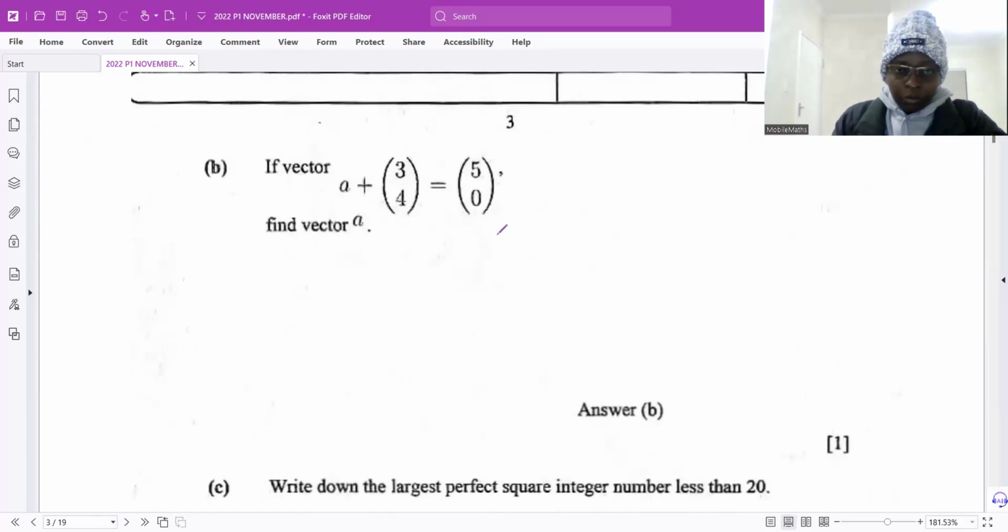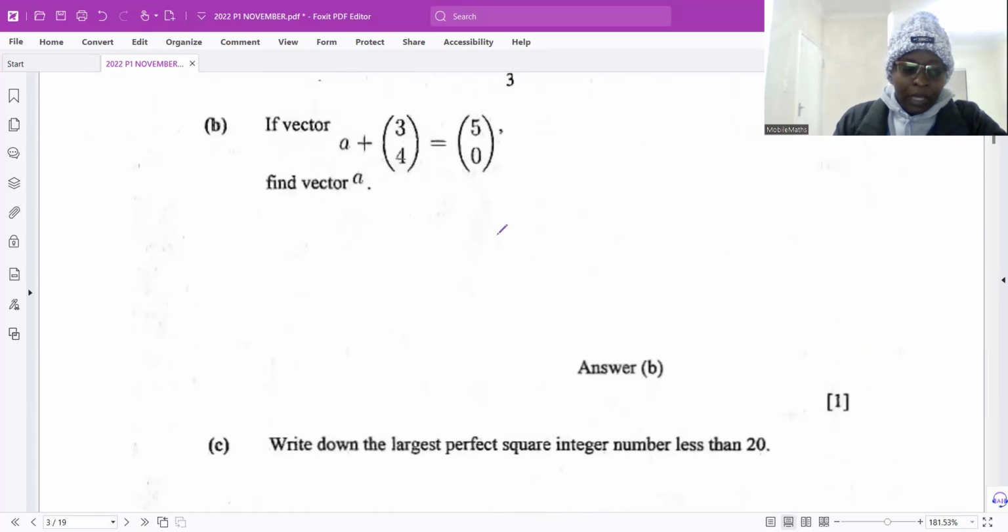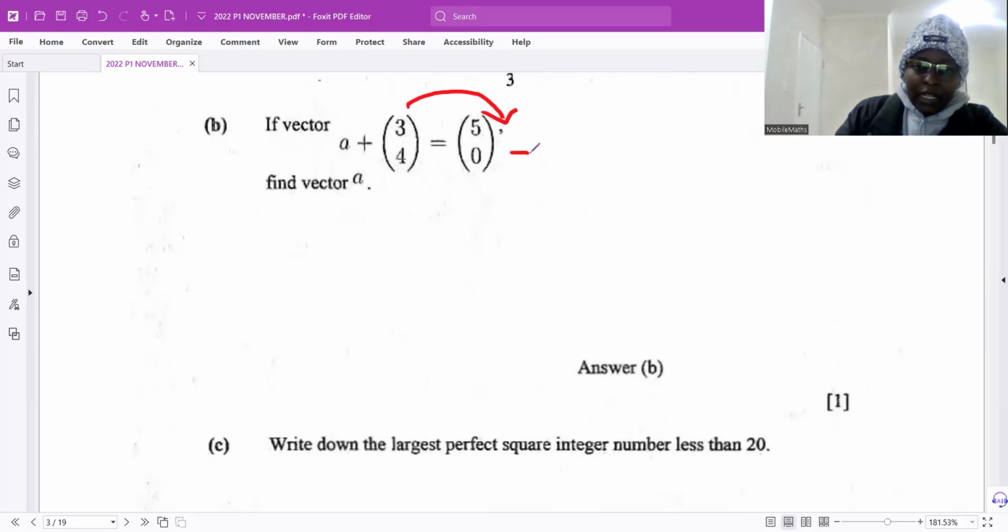Let's move on. Number B, we are given that vector a plus (3,4) is equal to (5,0). Find a. We can rearrange this, and this side becomes a minus.